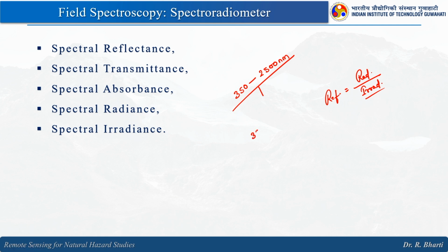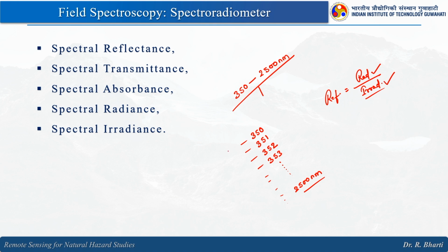So, the first measurement will be at 350, then you will have 351, 352, right, 353, like that you will have till 2500 nanometer. So, same way when we are measuring this radiance, you will have individual measurement across these wavelengths.